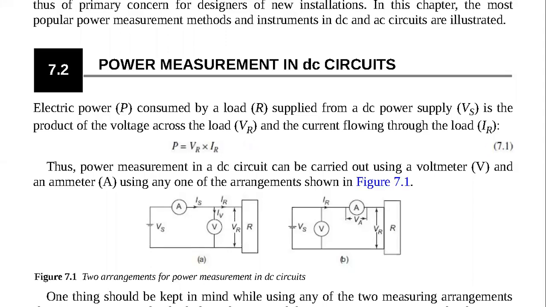And the ammeter, for this case, as you can see from the illustration, is in series with the load, with the R and the source. So these are the two arrangements for power measurement in DC circuits.